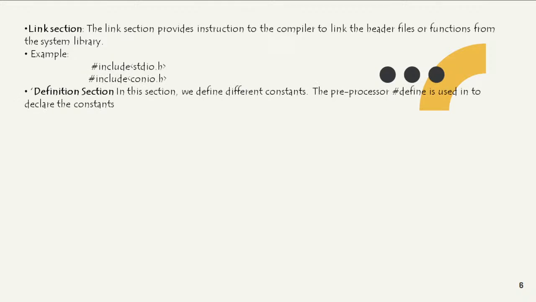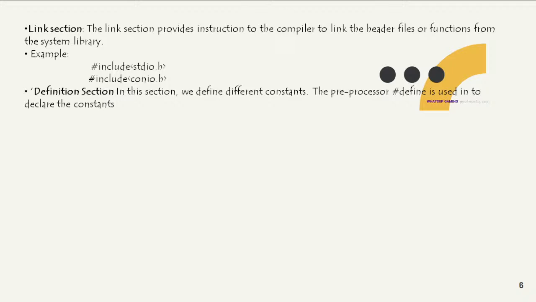And the third section is the definition section. This section is used to define different constants in the C programming language. Constants are names given to memory locations whose values cannot change during the execution of the program.